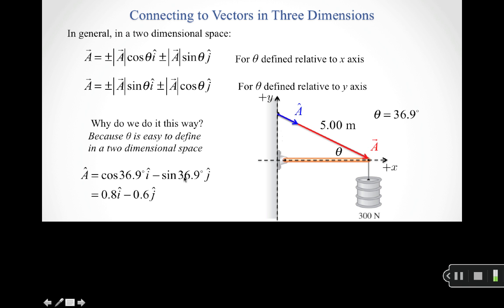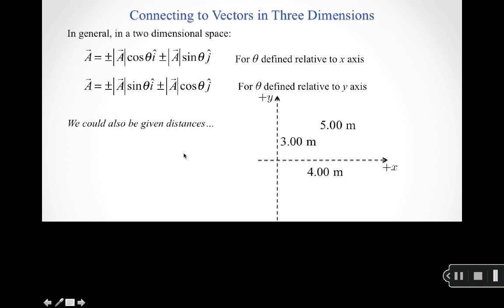You get your calculator to calculate the cosine and sine of that angle, and you get 0.8 i hat minus 0.6 j hat. Just to check, sure enough, 0.8 squared plus 0.6 squared happens to be 1. So this does have a magnitude of 1, so A hat is a unit vector, and it does lie in the same direction as the vector A.